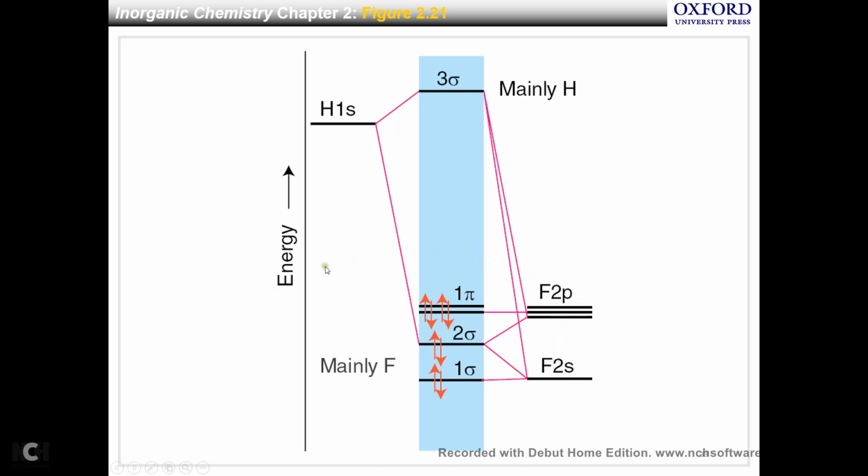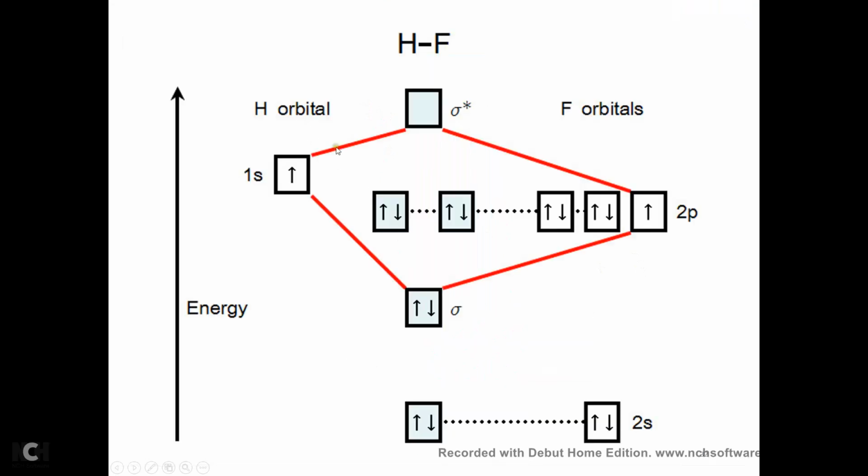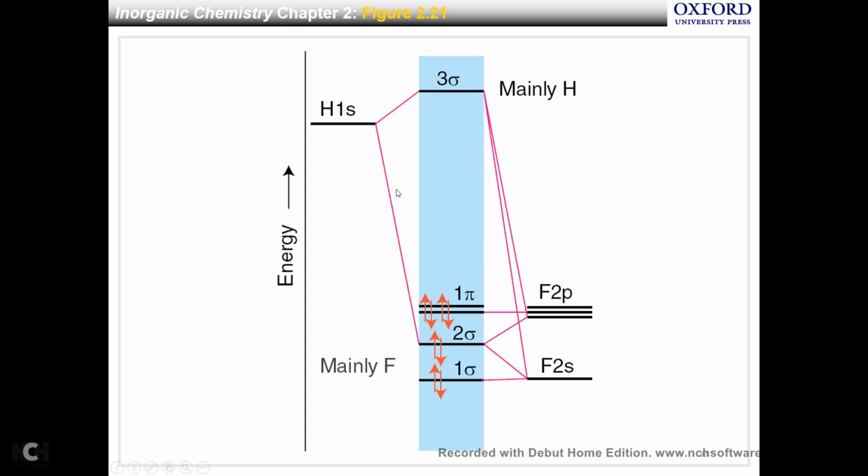If you look at the scale of energy, I think this one is a bit more realistic. In the other one, this 1s and 2p have similar energy, but that's not the case. In the hydrogen atom, the effective nuclear charge is the nuclear charge, +1. But in the fluorine atom, the effective nuclear charge is roughly 5.